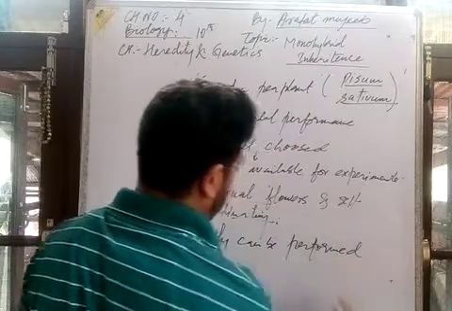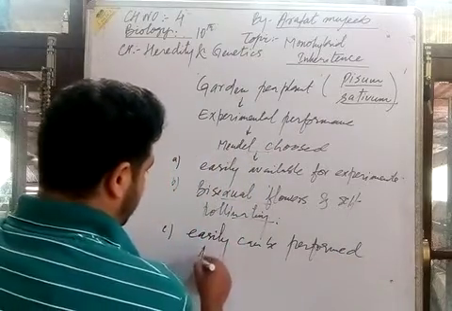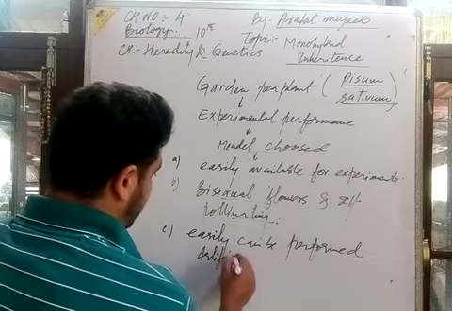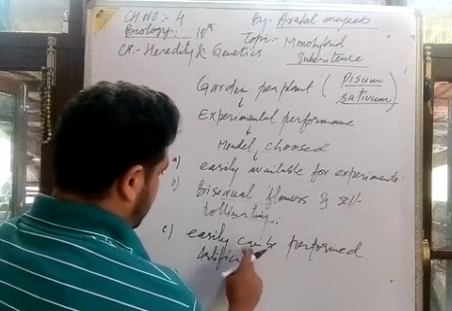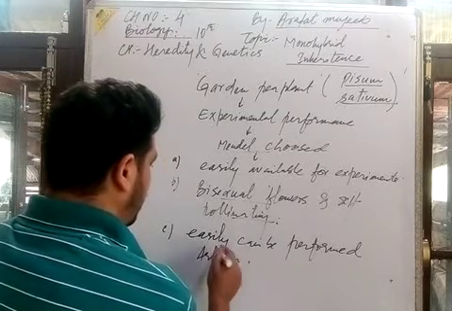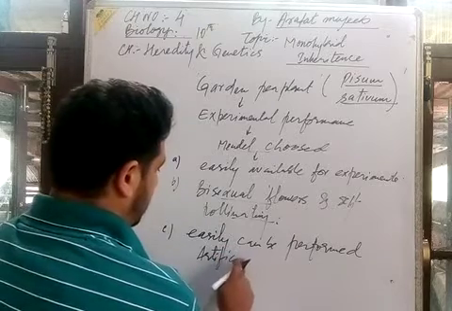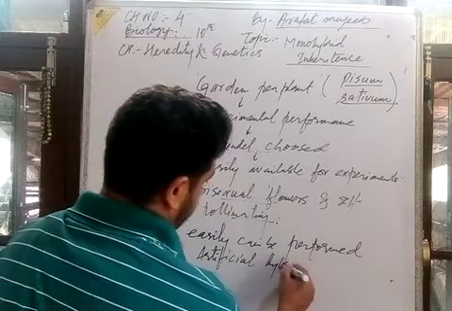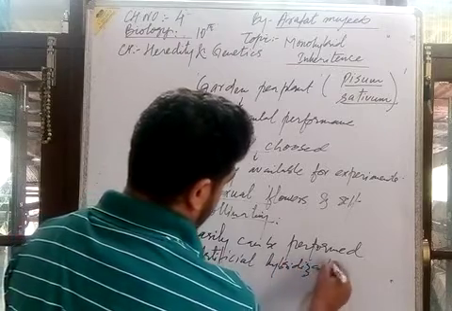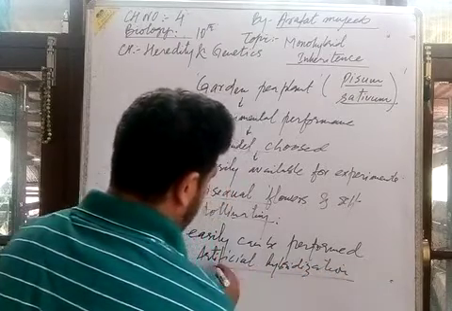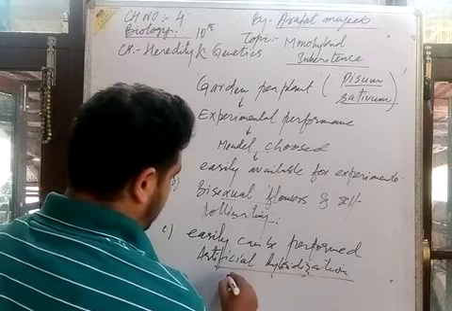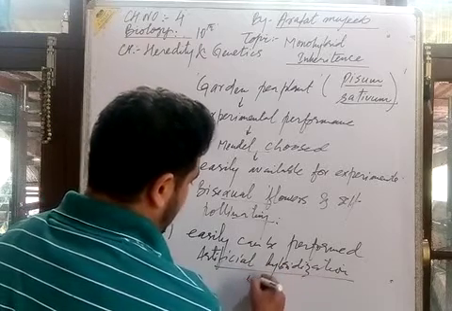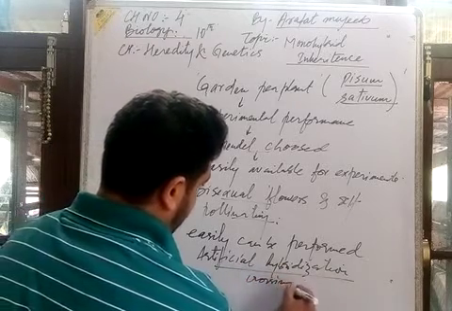Easily can be performed: artificial hybridization. What do we mean by hybridization? We make an artificial crossing, that means hybridization or cross breeding.